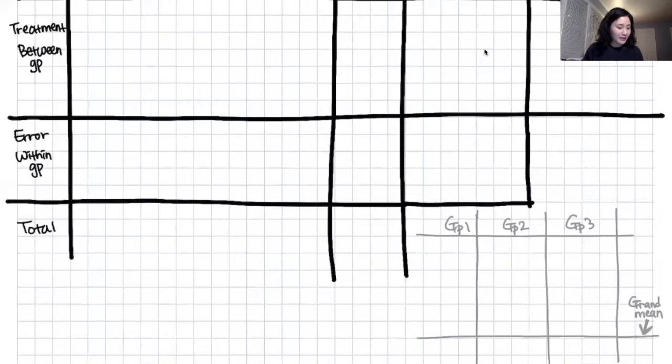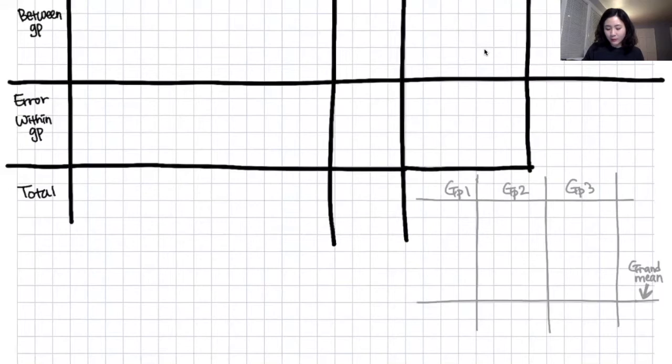We want to test whether the mean SAT score is equal across three teaching methods. So group 1 is taught by teaching method 1, group 2 is taught by teaching method 2, group 3 is taught by teaching method 3. My first examinee is denoted X11. First group, second examinee is denoted X12, X13, X14.